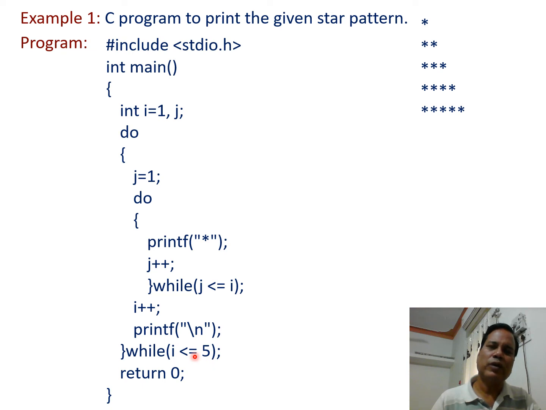So control comes out of the outer do while loop, and it finds return 0 that informs the operating system that program ran properly. So in this way, using the nested do while loop, we can print the pattern of given star.